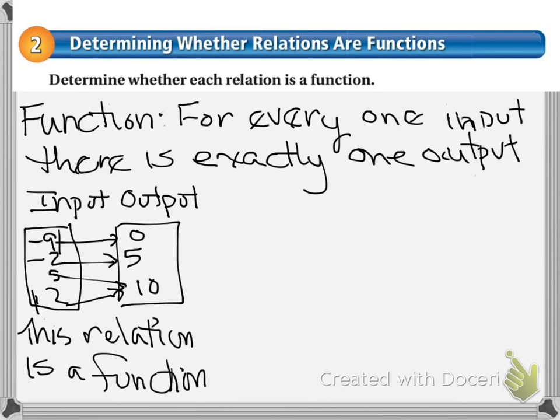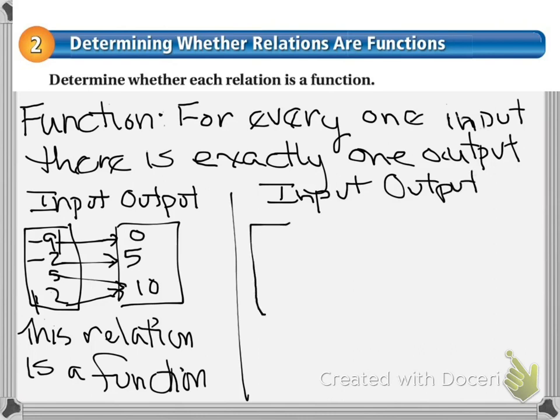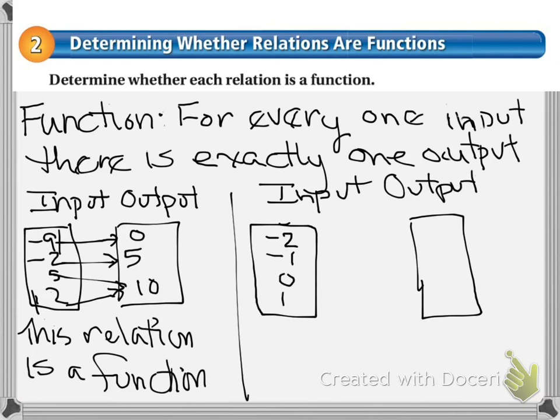Let's look at another one. Input, another mapping diagram, output. And this time we have -2, -1, 0, 1.